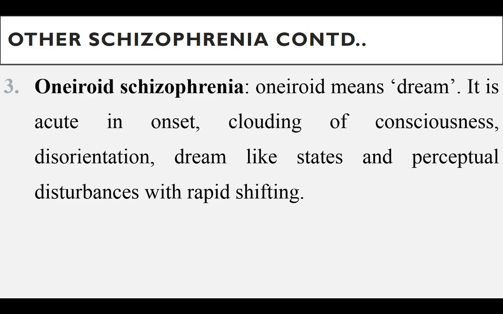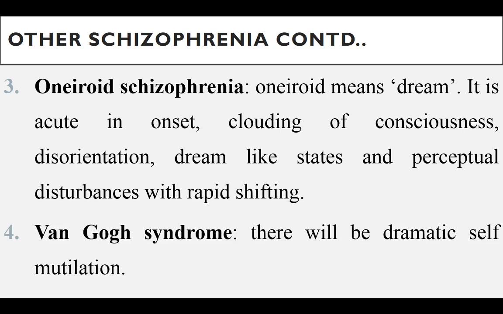Other schizophrenia, we still have oneiroid schizophrenia. Oneiroid means dream. Okay, it is an acute onset where they have a little bit of delirium features. Recall delirium, they may have delirious features, which is clouding of consciousness, disorientation, and they have dreamlike states and perceptual disturbances with rapid shifting. Now, Van Gogh syndrome is where there will be dramatic self-mutilation.